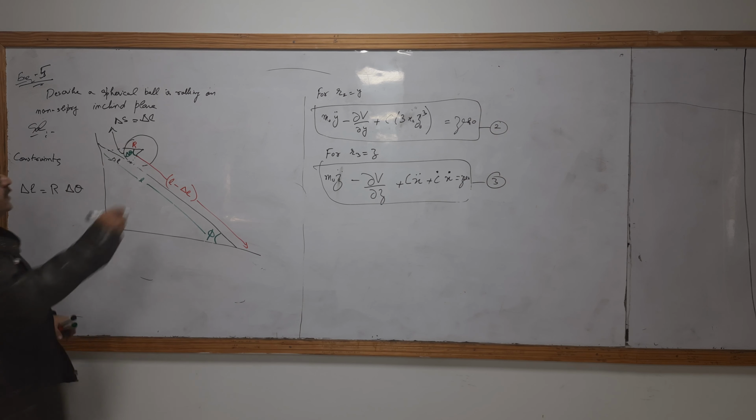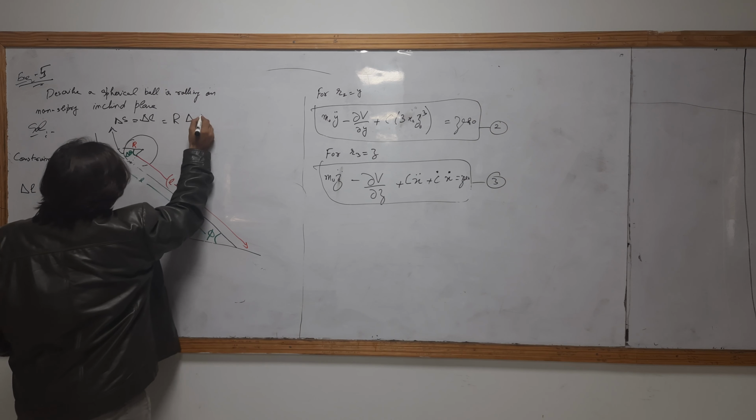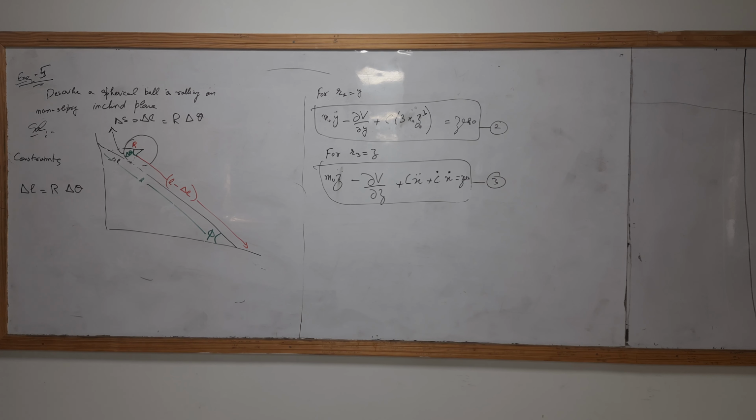There are two variables, one is L and one is theta. Because they change with the passage of time, and R is constant so it comes out, when you take the limit delta t approaches 0, then L dot will be equal to R theta dot.